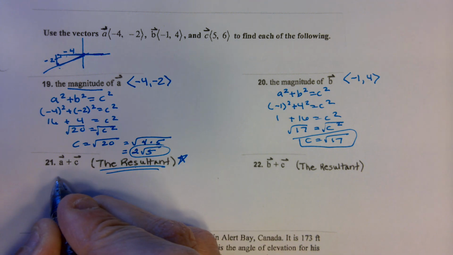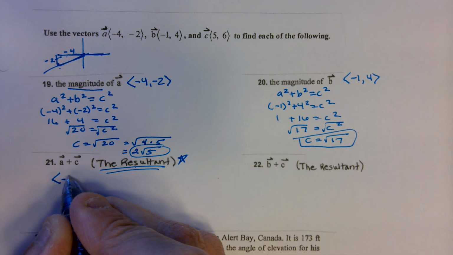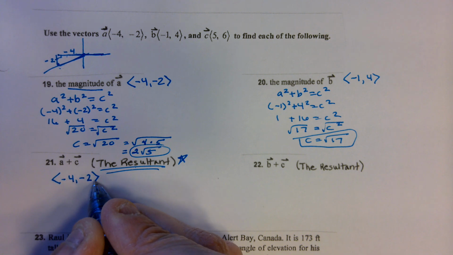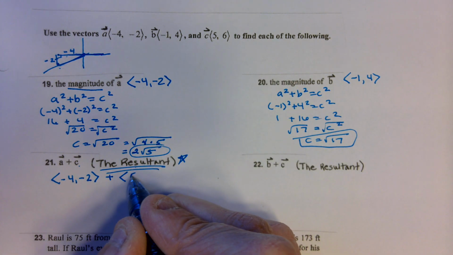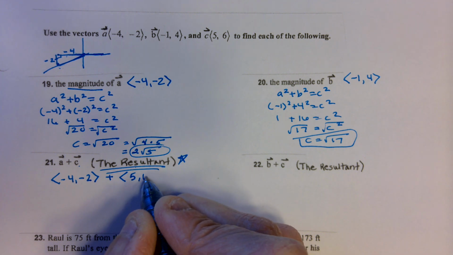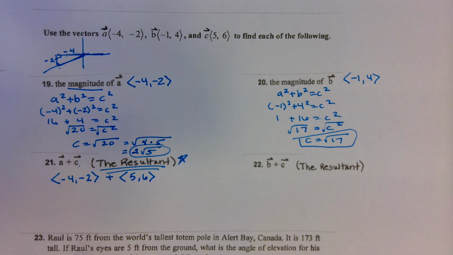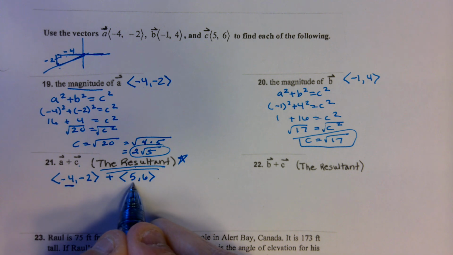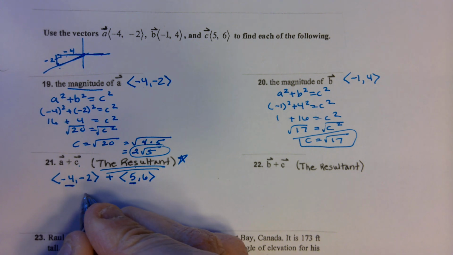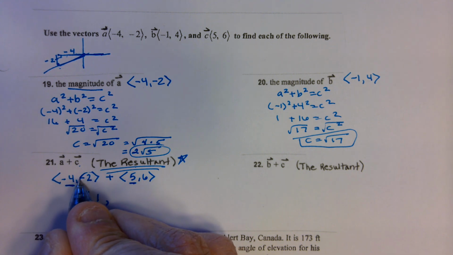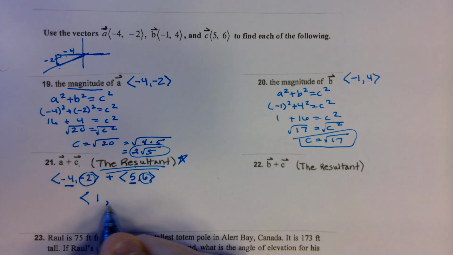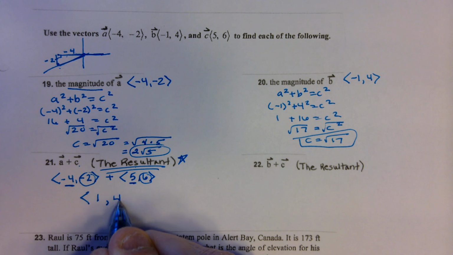So A, I'm going to just put them here. A is -4, -2, plus C, 5, 6. And it's literally as easy as adding the x-coordinate part. -4 plus 5 is 1, and adding the y's, -2 plus 6 is 4.